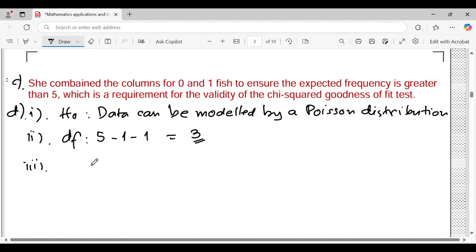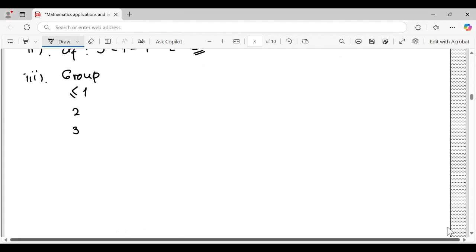Now we compare the observed frequencies and expected frequencies, and we are going to create a table. These are the groups: greater than 1, 1, 2, 3, and then I have to scroll down first, 4, and then greater than 5.